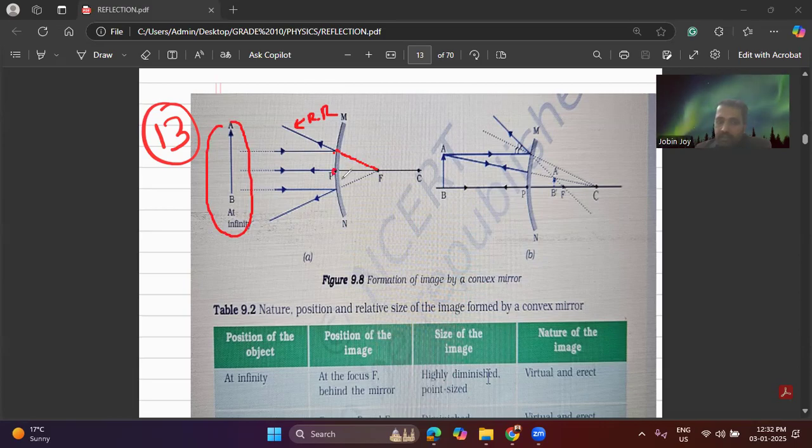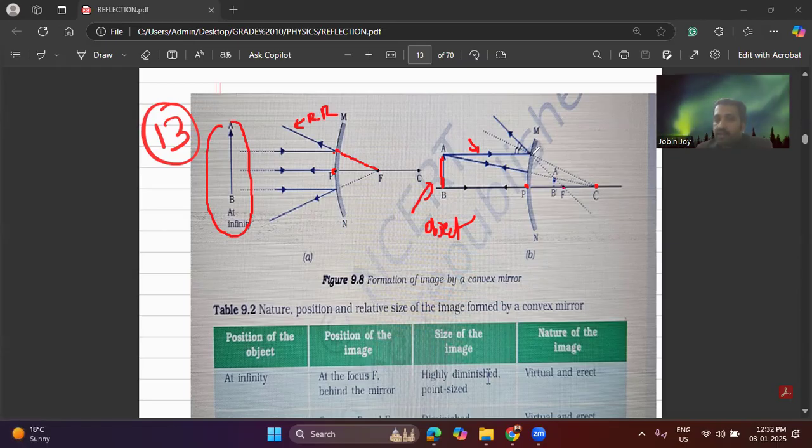Then this is pole. Next is beyond P. If the object is beyond P, this is the object AB, and I'm considering two rays. One ray is parallel to the principal axis, and another ray is passing through the center of curvature. We know that if the ray is parallel to the principal axis, it will be passing through the focus like this.